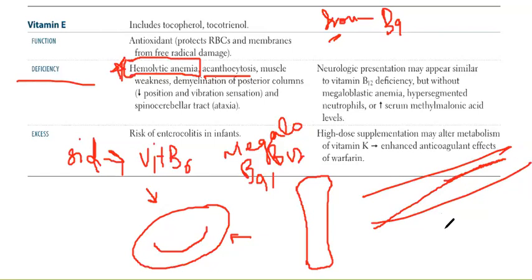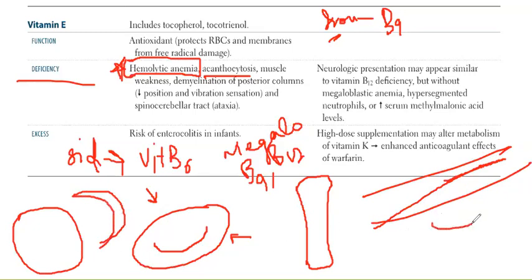Also, when the RBC shape is changed, say it is more rounded, like a sphere, or its shape is like a sickle, like this, or its shape is like a star, like this.